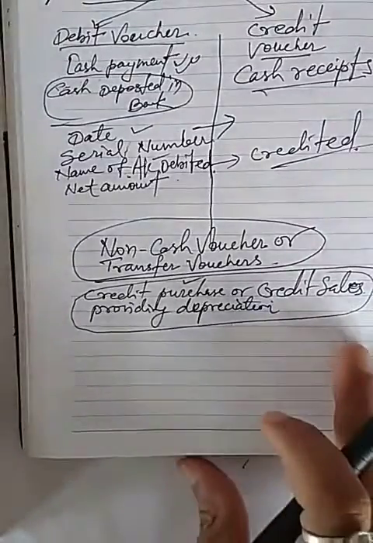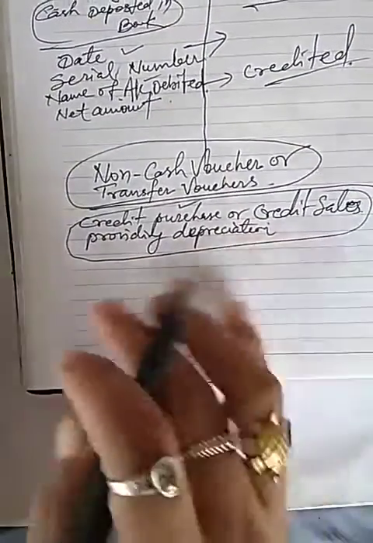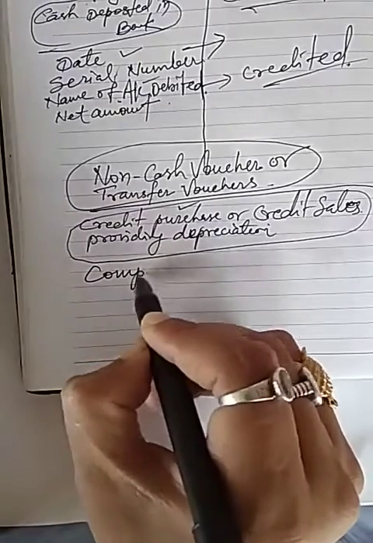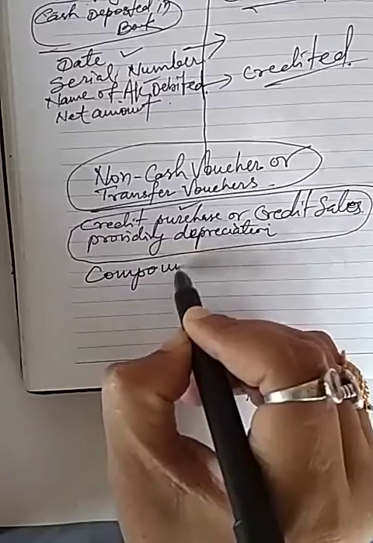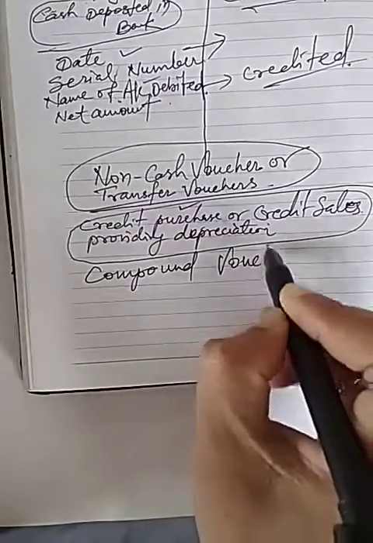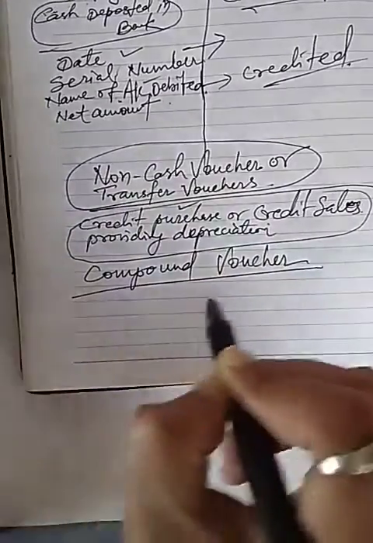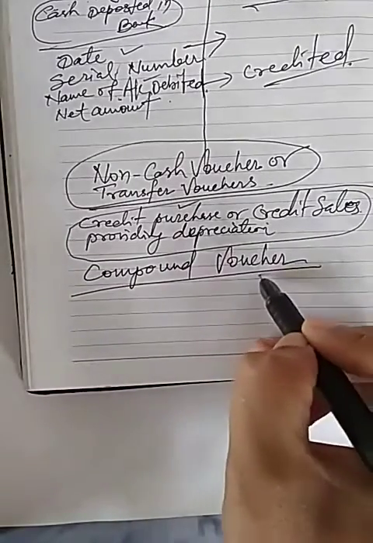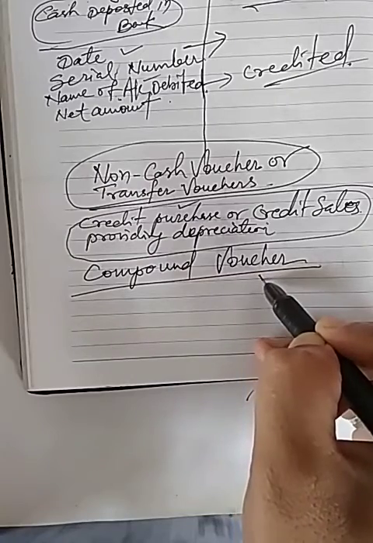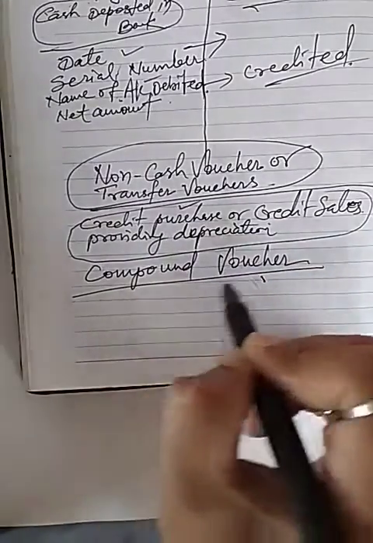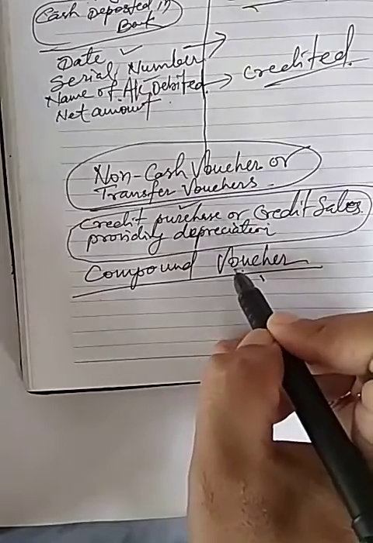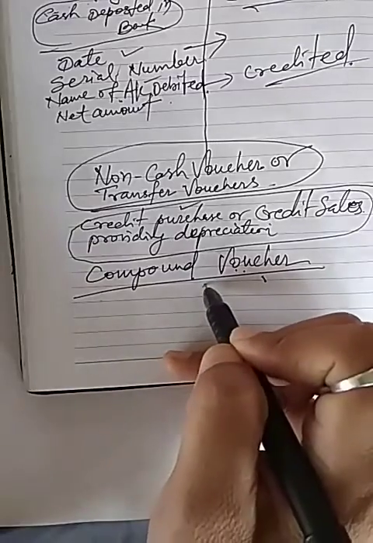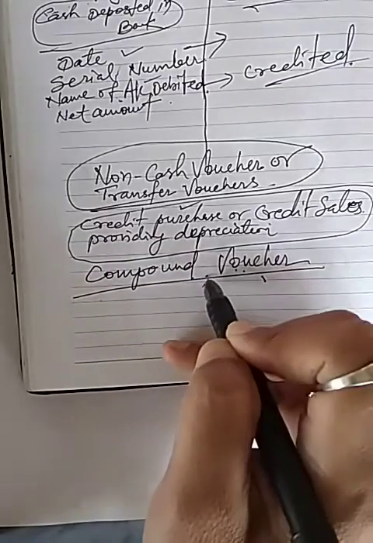Now the last thing is compound voucher. A compound voucher is a document showing a transaction that contains multiple debits and one credit, or which contains multiple credits and one debit.